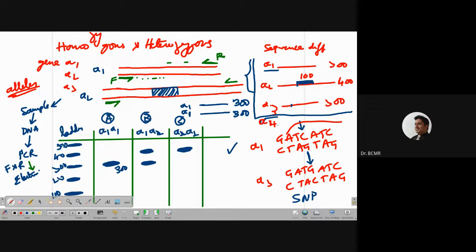That's right. If you have any other bands formed, big or small, that means you have probably found a new allele. Okay, there are also possibilities of misformations, such as non-specific binding of primers, which is sometimes a problem when we design primers.